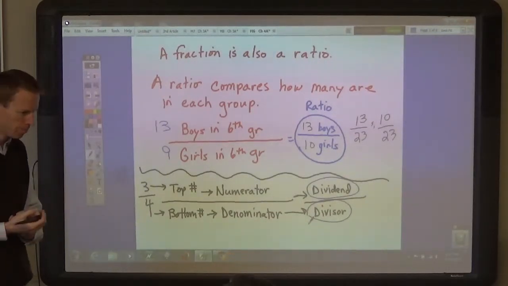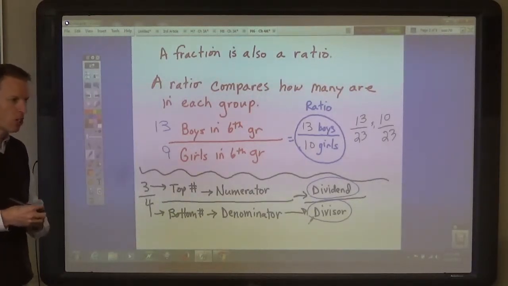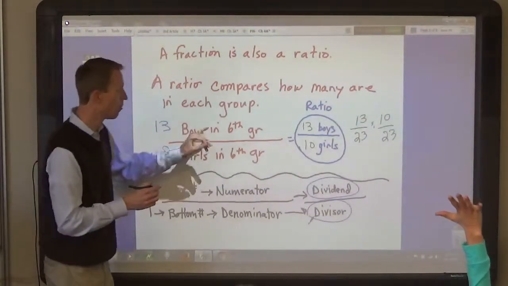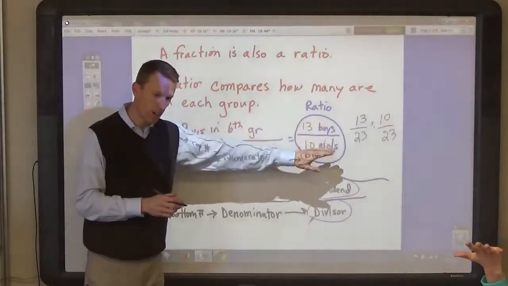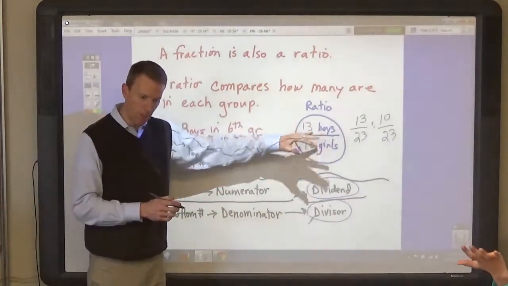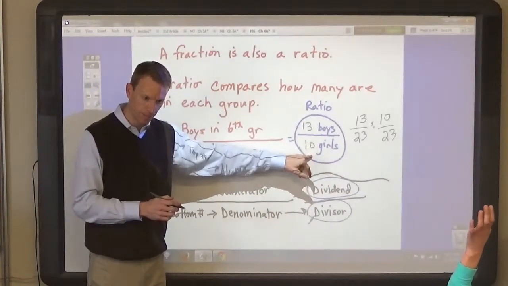Yes? Does the ratio have to be in these two periods? No. Nope. The ratio will be written depending on what you're talking about. If you want to talk about how many boys there are compared to how many girls there are, then you would write the boy number on top and the girl number on the bottom. Okay?